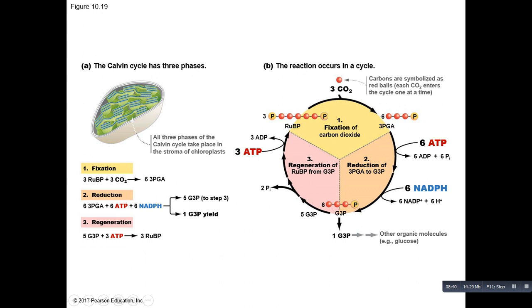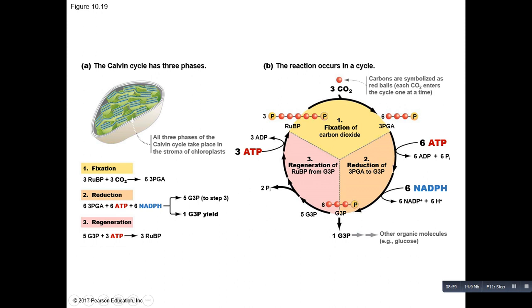We're going to add 6 molecules of ATP. We're going to add 6 molecules of NADPH, which will reduce the 3-PGA to the G3P. This is going to be our building block for our sugars later on.